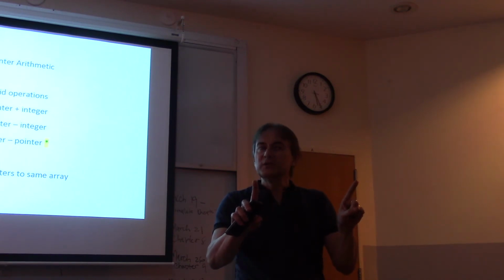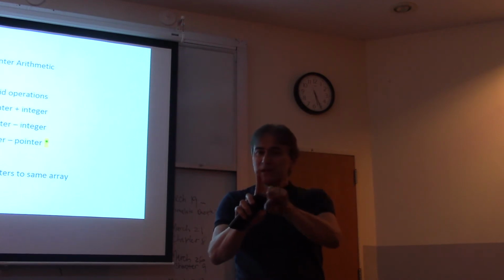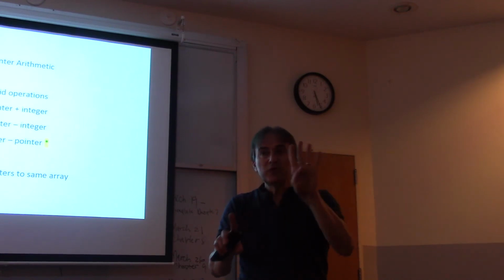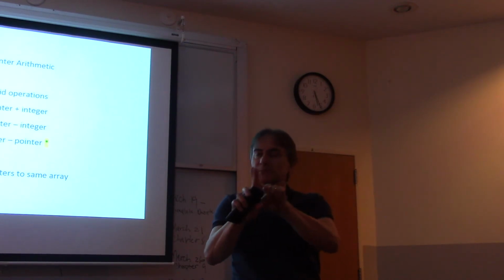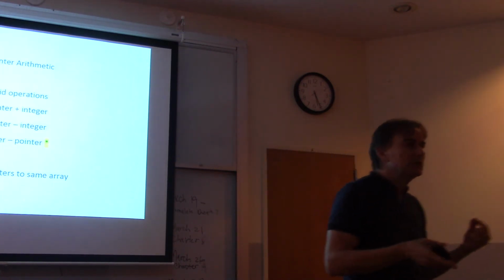It will be the difference, but not the difference in bytes, the difference in the number of elements between the same type of pointers. So for example, if this was a double array, then plus plus goes 8, 8, 8, 8. This pointer minus this pointer, 4. Why 4? Because it's 4 elements of that type. So difference of pointers is an integer.